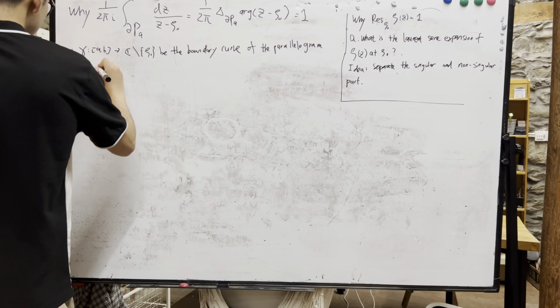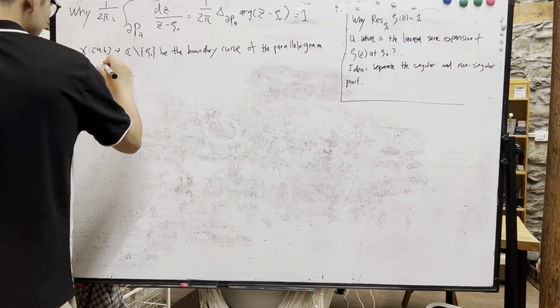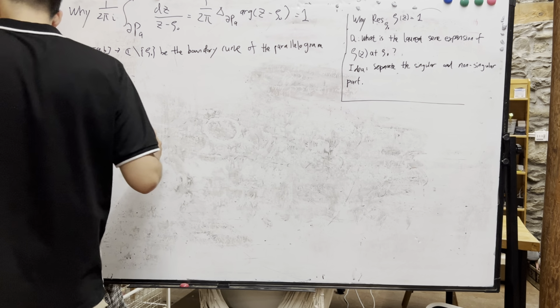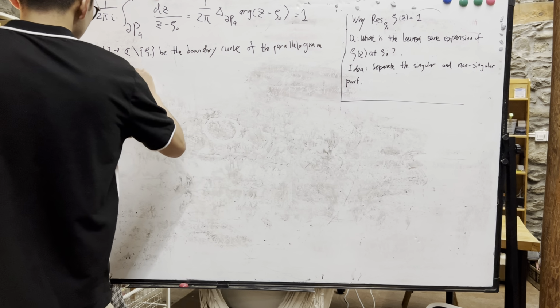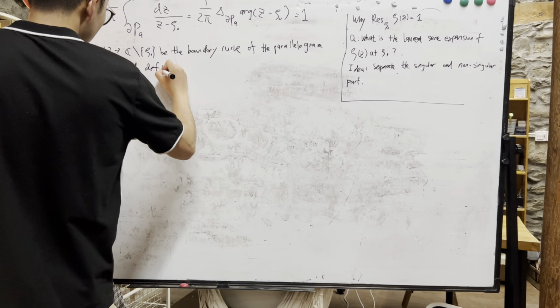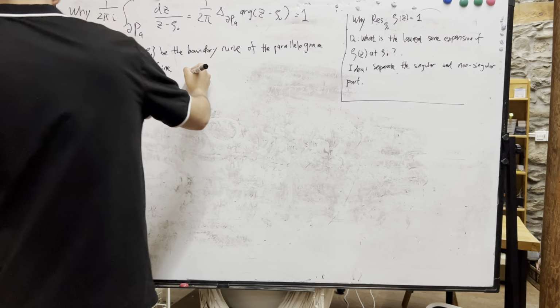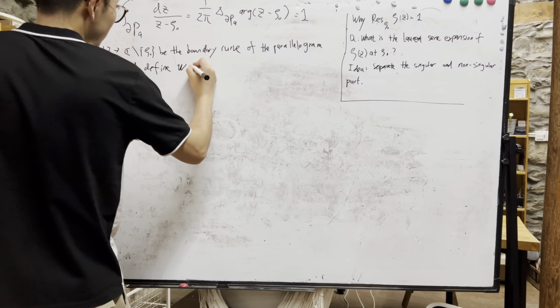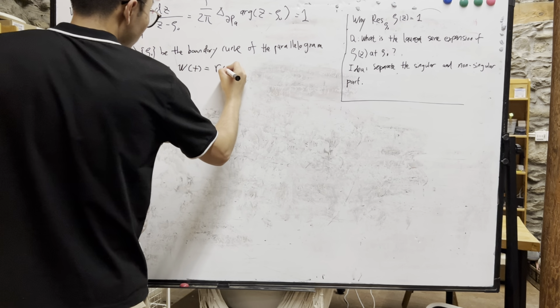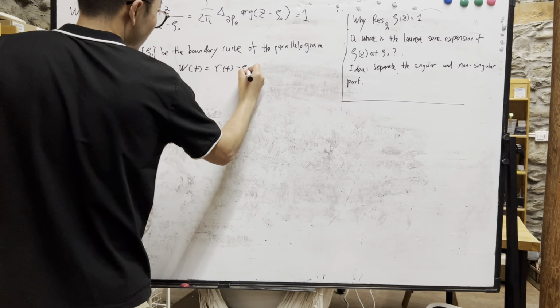So here we have z equal to gamma of t, right? And then we define w of t to be equal to gamma of t minus zeta naught.